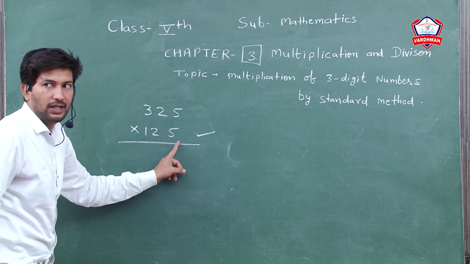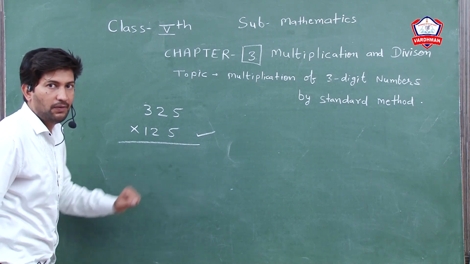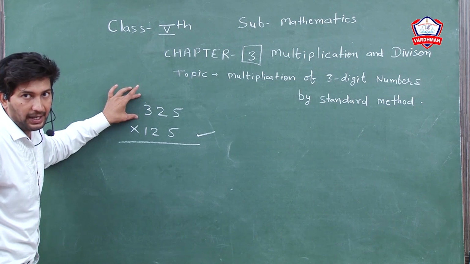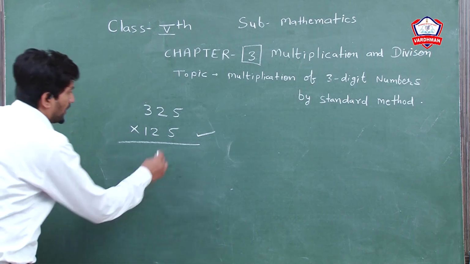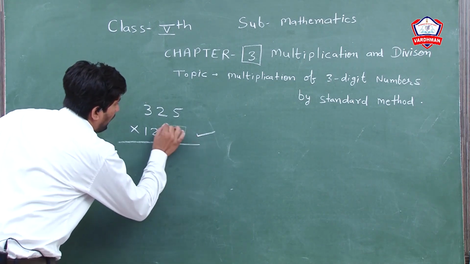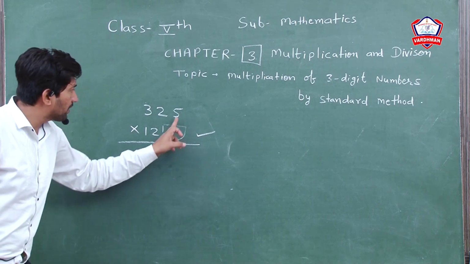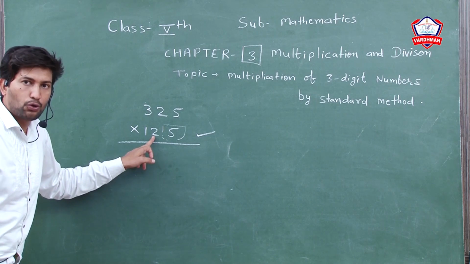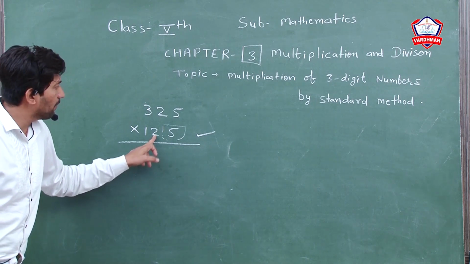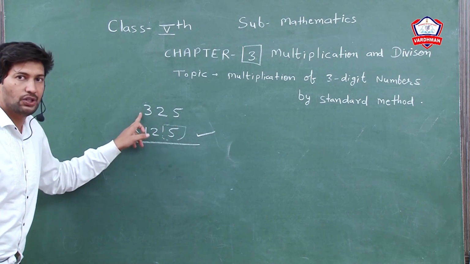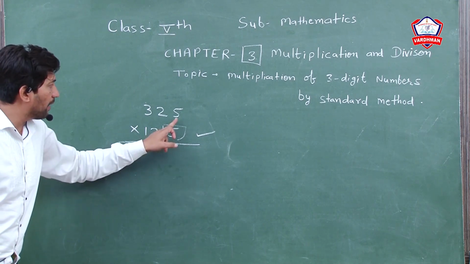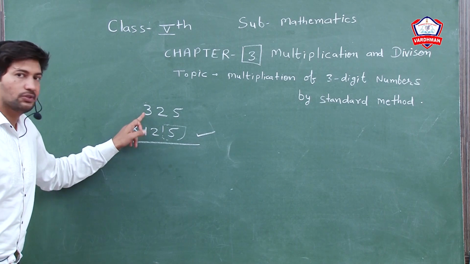One by one we will take each and multiply with the multiplicand. Firstly we will take the 5 and multiply with 3, 2, 5. Secondly we will take the 2 and multiply with 3, 2, 5. And thirdly we will take the 1 and multiply by 3, 2, 5.